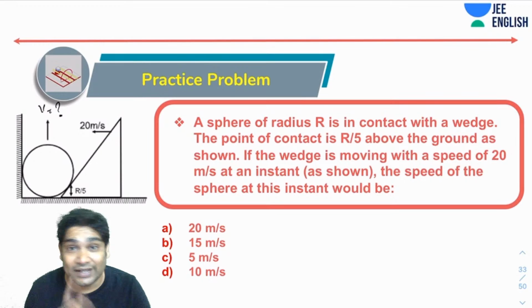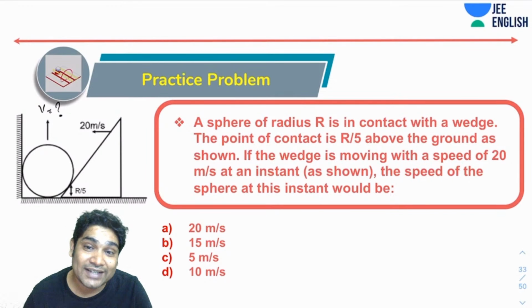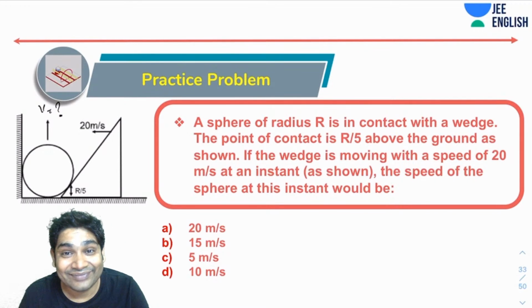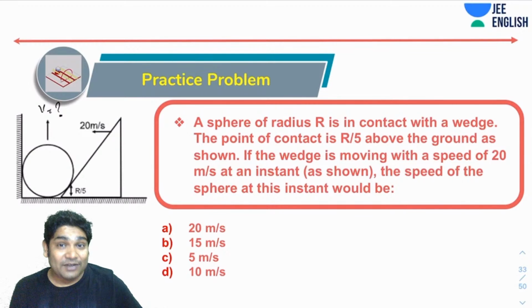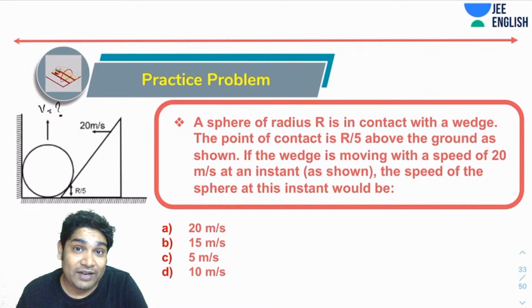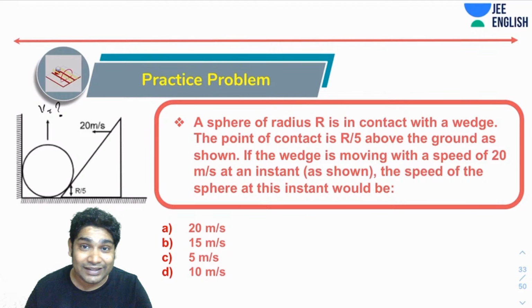It will be easy. What is the trick that I told you? What is the trick? It might be 10. Okay. Not really. 10 is not the correct answer. So what was the trick that I told you? That in the reference frame of the wedge, the body in contact should appear to move along the incline, right?